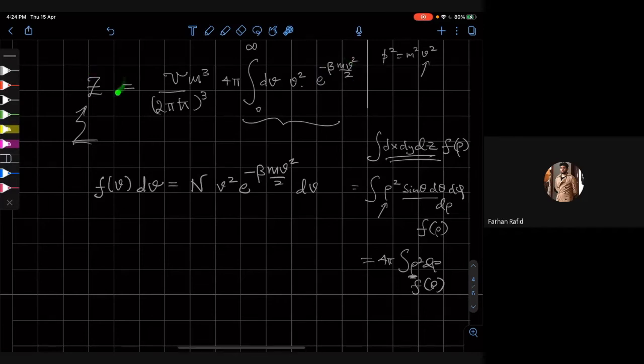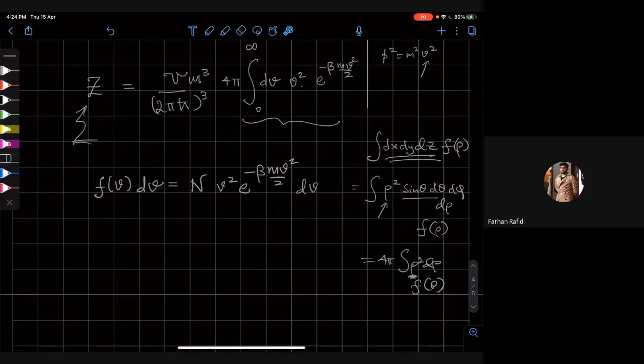That's what this thing is. And we have some factors which we can treat as normalization factors. And the partition function is the sum over all these probabilities. So the probability density function should be some normalization times the stuff that depends on v. Does that make sense?